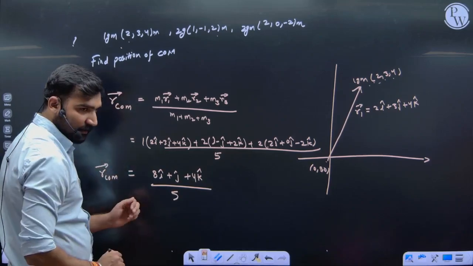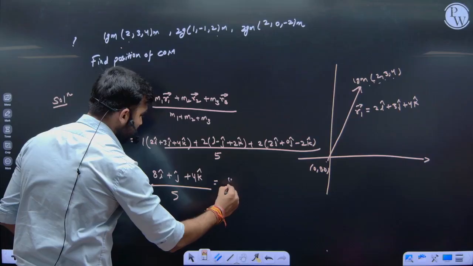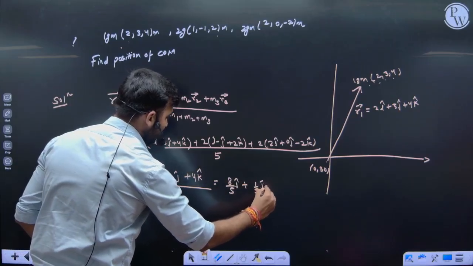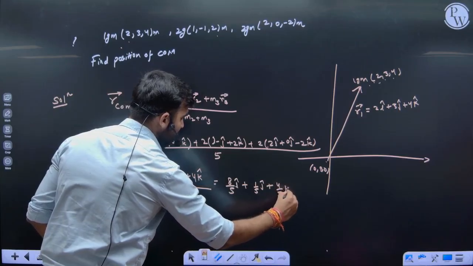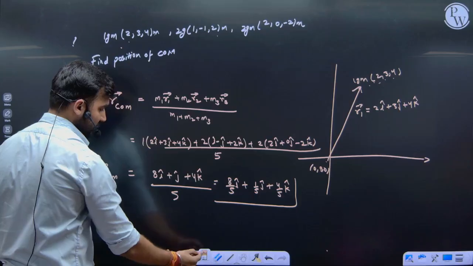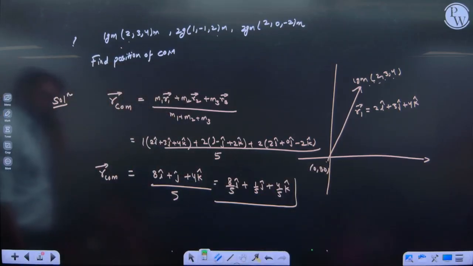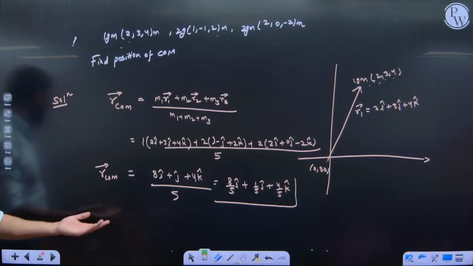Is this a vector? Yes, sir, it is a vector. How can you write this? 8 by 5 i cap plus 1 by 5 j cap plus 4 by 5 k cap. Try to write with me, because it is an easy thing.